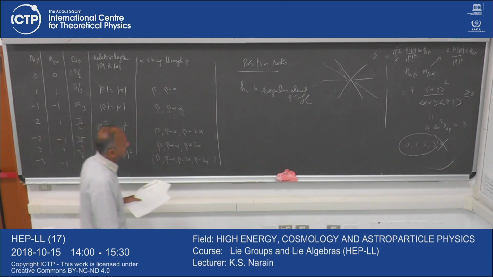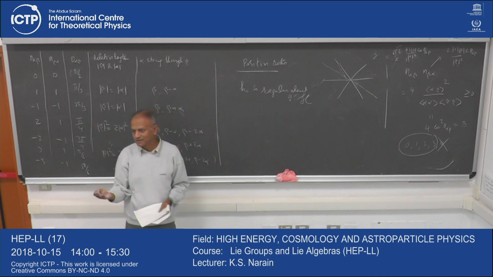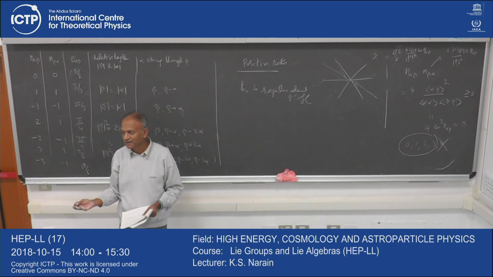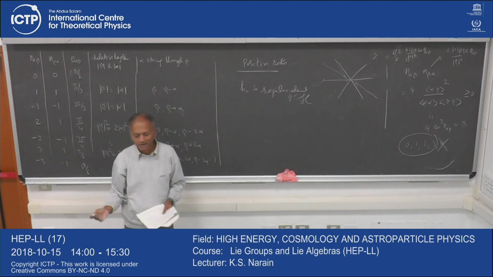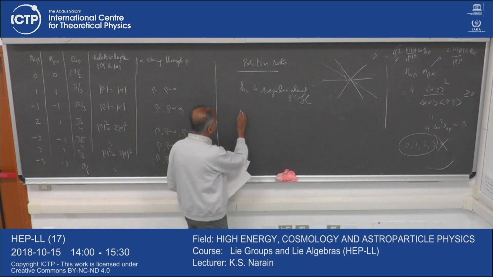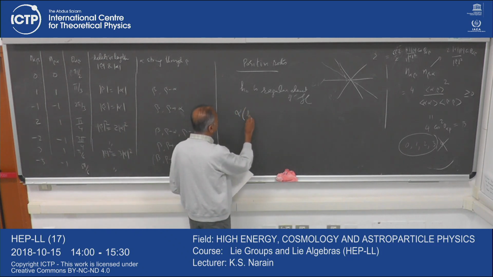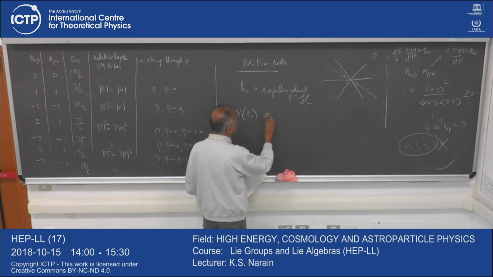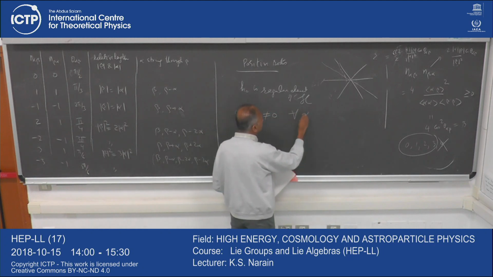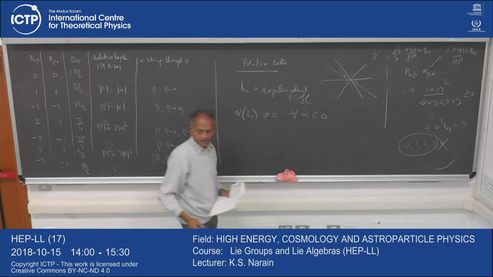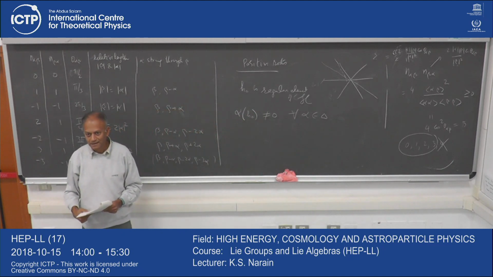So what it means is that, as you saw, it has the minimum number of zero eigenvalues, right? But that is the same as saying that alpha of H0 is not equal to 0 for all alpha belonging to delta. Why?